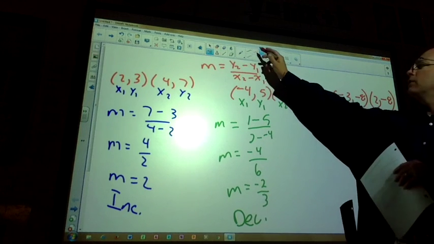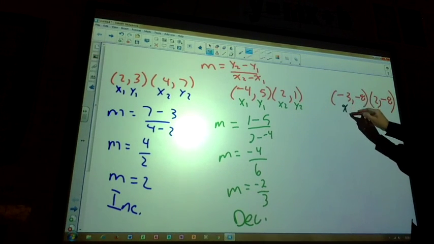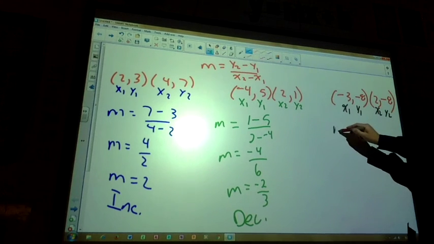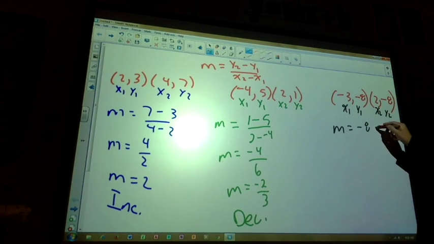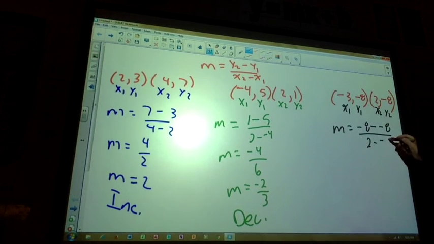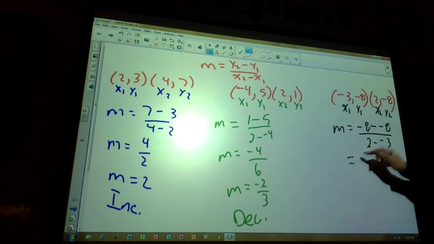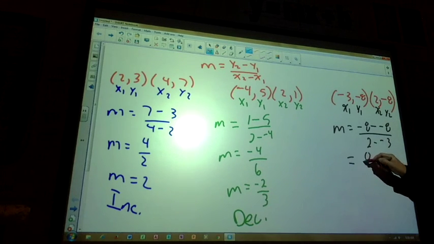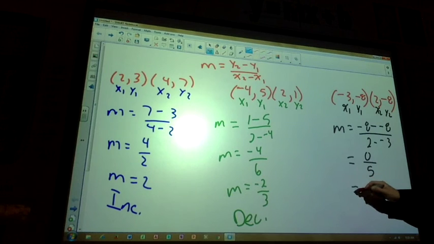Okay. Let's see. Third problem, x1, y1, x2, y2. And our slope, we have -8 minus -8 over 2 minus -3. So I get -8 minus, so that's plus, that's 0 on top over 5. 0 on top is 0. It's not increasing or decreasing, it's 0.